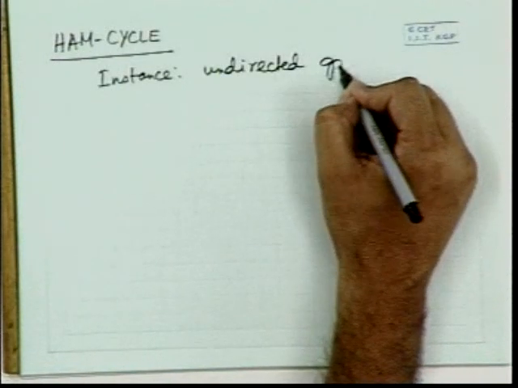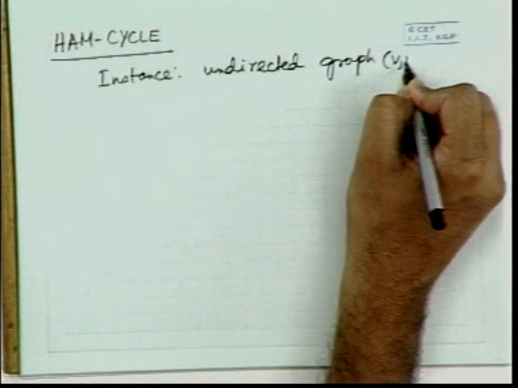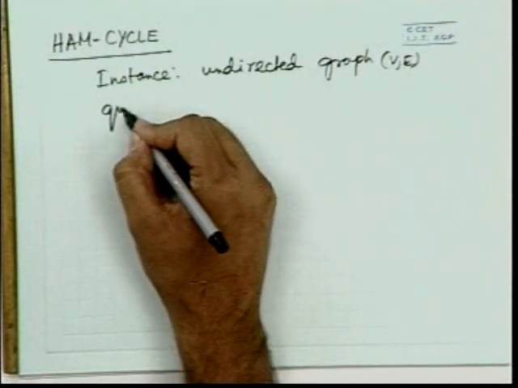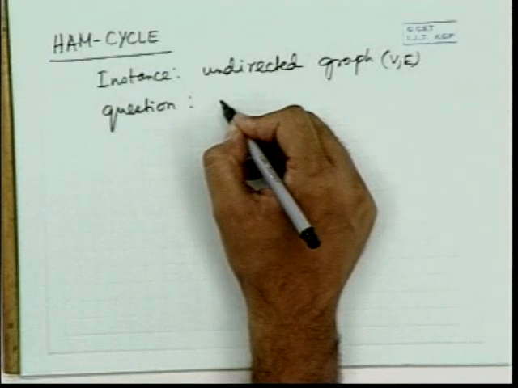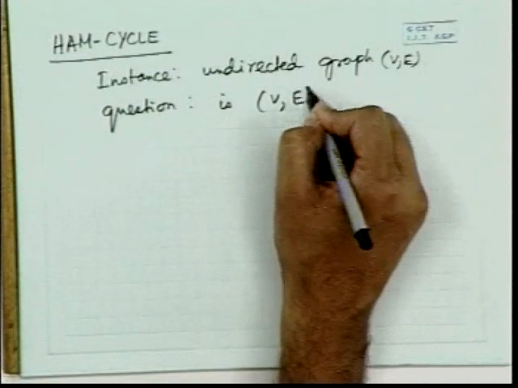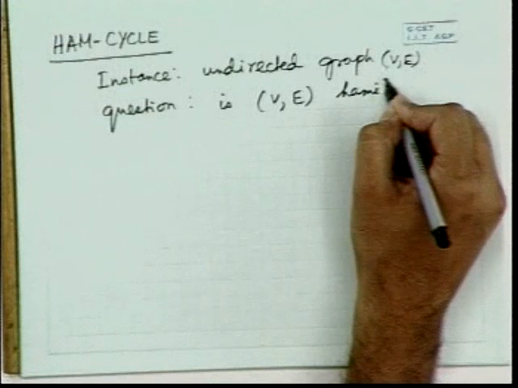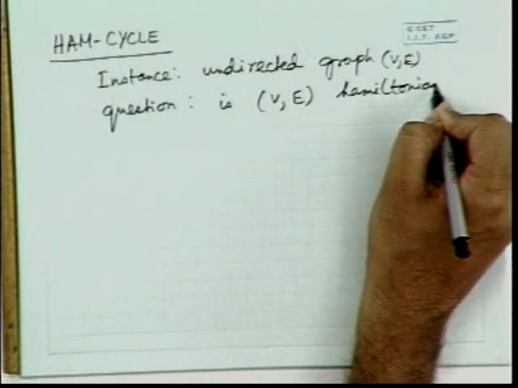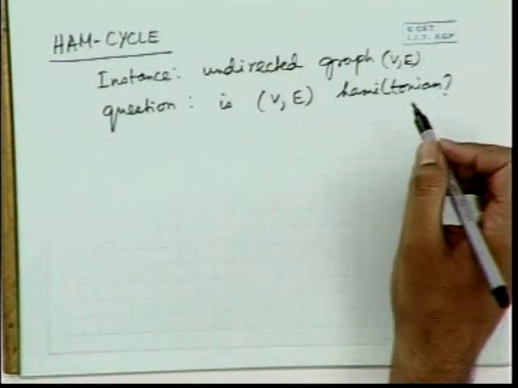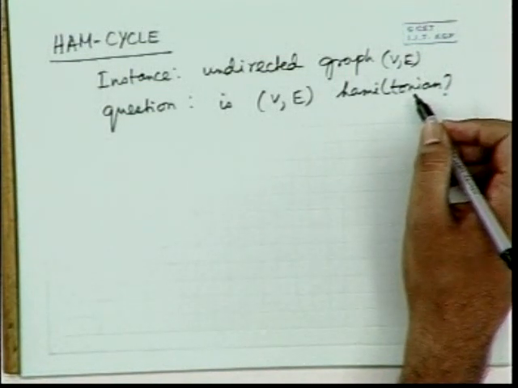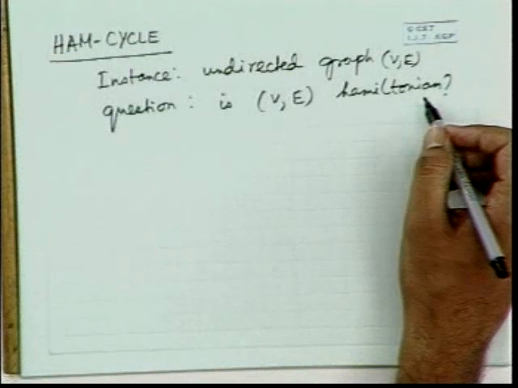Given an undirected graph V, E, the question is: is it Hamiltonian? What is Hamiltonian? A Hamiltonian cycle, if you remember, is a cycle which goes over each vertex exactly once.